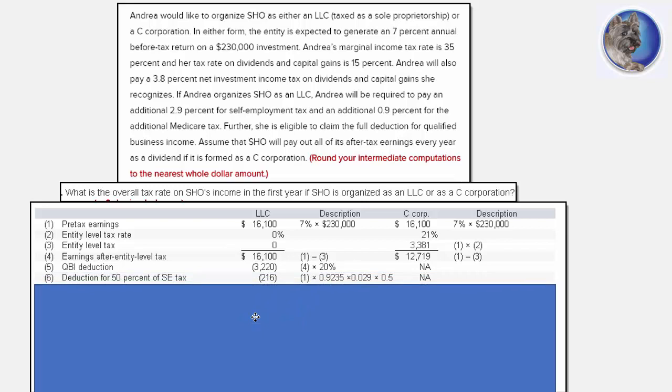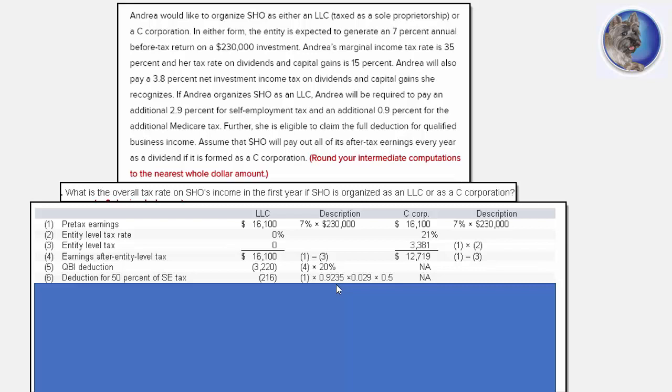All right, the next thing we have to think through is the 50% deduction of the self-employment tax. If you look at this calculation, which applies to the LLC, we take the pre-tax earnings and multiply it by 92.35% of the taxpayer's self-employment income. That's the net amount that a taxpayer gets, right?